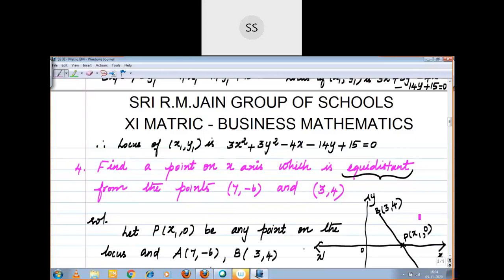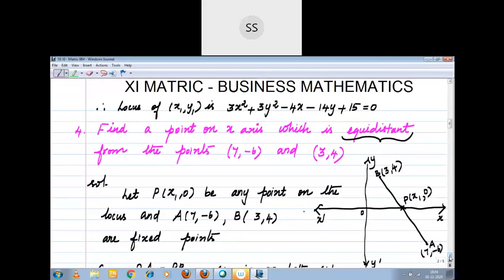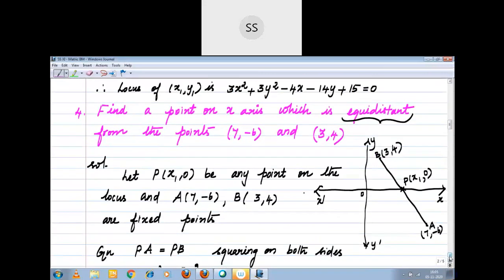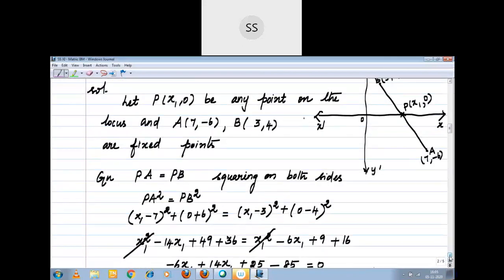Once again, I am going to explain. You have to listen carefully, children. They said a point on x-axis which is equidistant from the points 7, minus 6 and 3, 4. So what we did here, we drew a rough diagram.